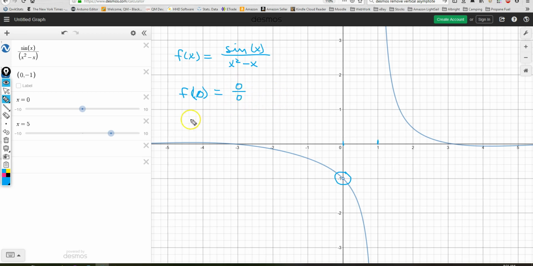However, the limit as x approaches 0 of f of x does equal negative 1, which exists. And you can see that from the graphic down here.